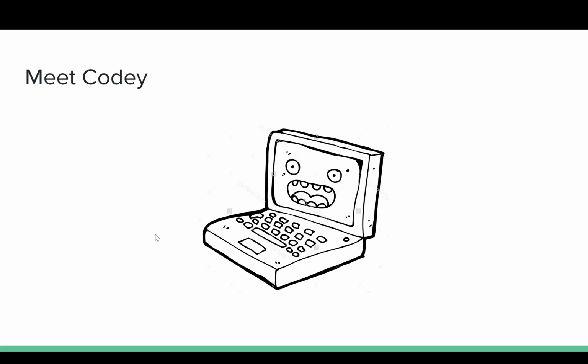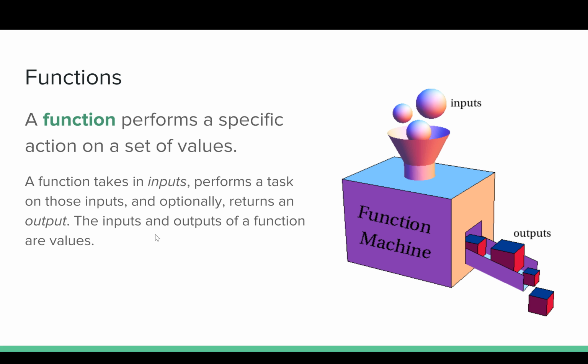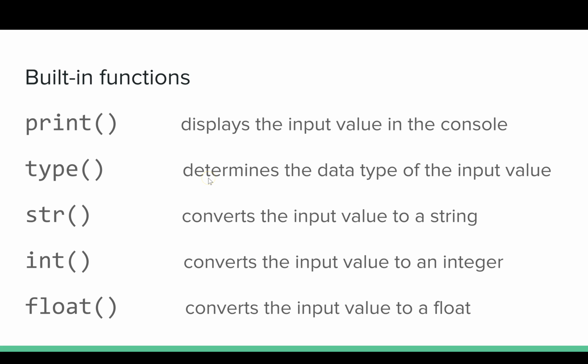Okay, so now we continue our next topic, which is the functions. So function perform the specific action on a set of values. We give some inputs and we get the output. And that function we saw normally is the print we saw already, which displays the input value in the console.